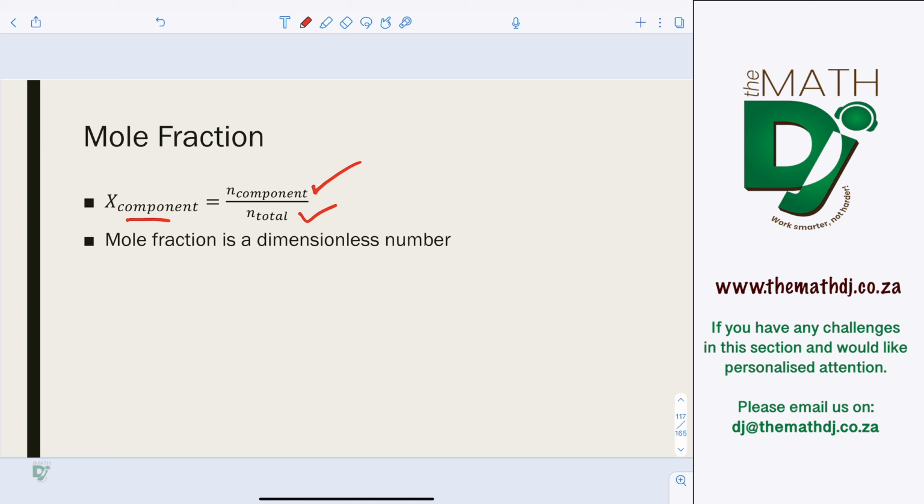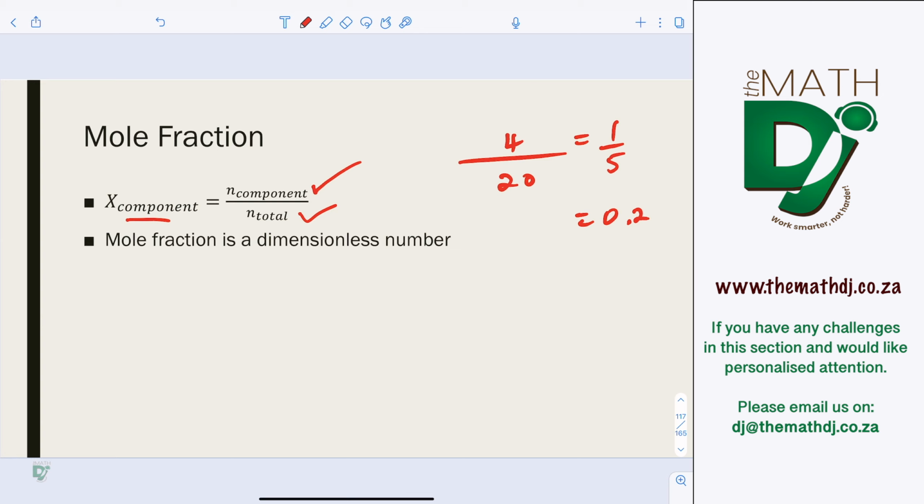Let's say the total moles is 20 and the moles of the component is 4. So it will be 1/5, which is 0.2. So that's the mole fraction.